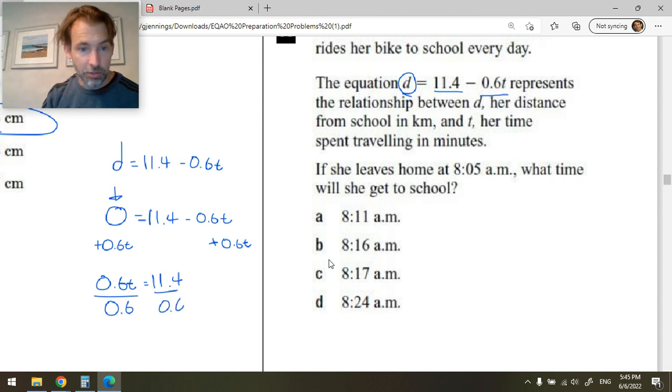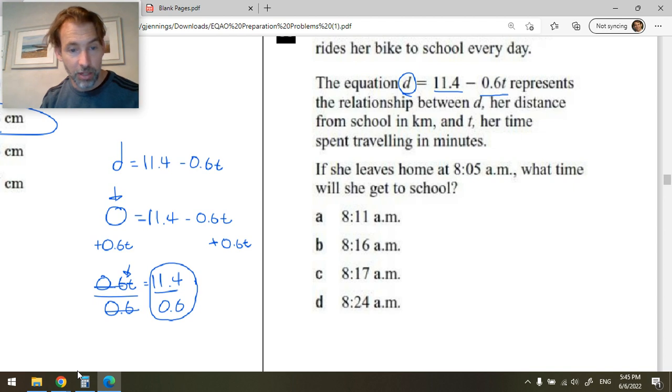Why am I dividing, Mr. Jennings? Why don't I subtract 0.6? Well, I divide here because I am multiplying 0.6 times t. The opposite of multiplication is division. So this will cancel here and cancel here, and this will be my answer in terms of number of minutes required. Okay, 11.4 divided by 0.6, which is not getting done in my head right.